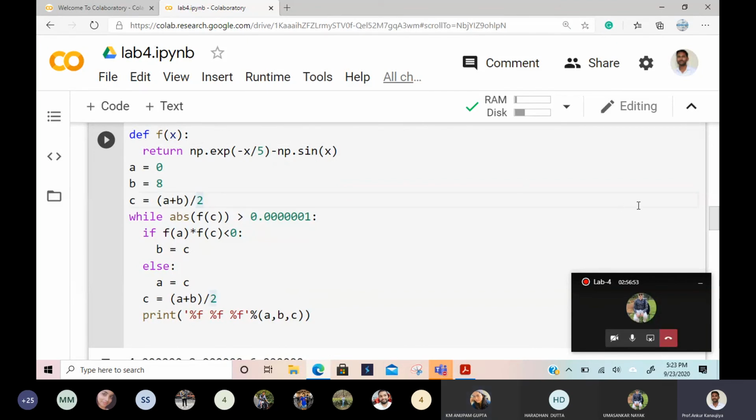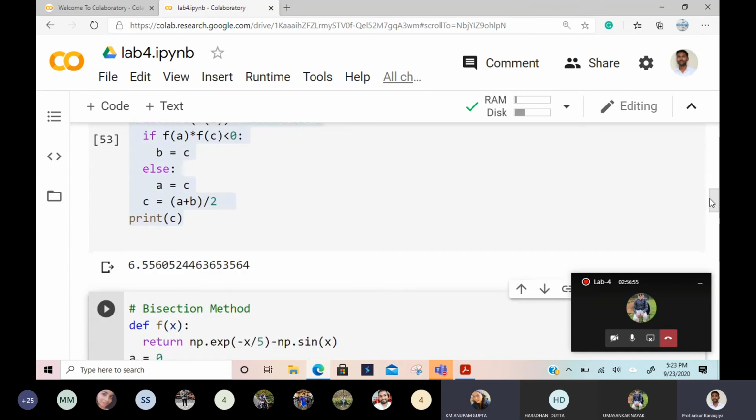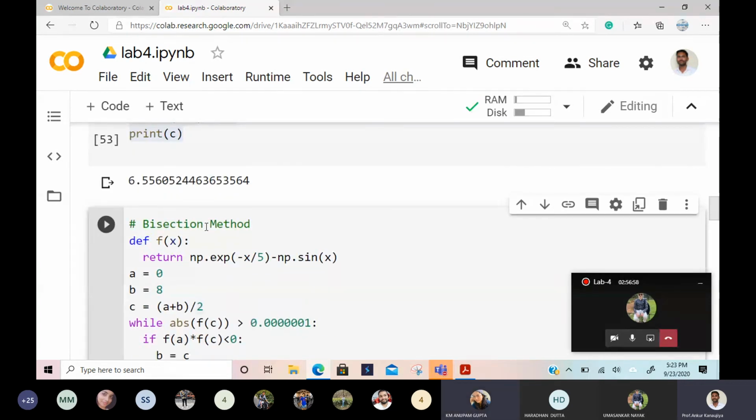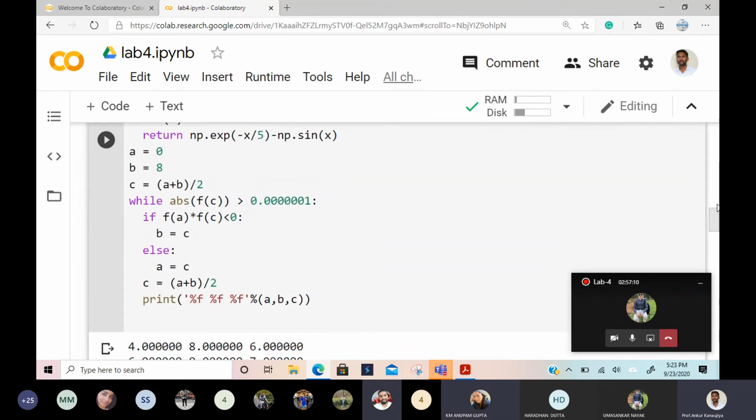So if you want to do Regula Falsi, you have to change this. Regula Falsi method: can anyone tell the formula for Regula Falsi? C equals A into f of B minus B into f of A, whole divided by f of B minus f of A, right?